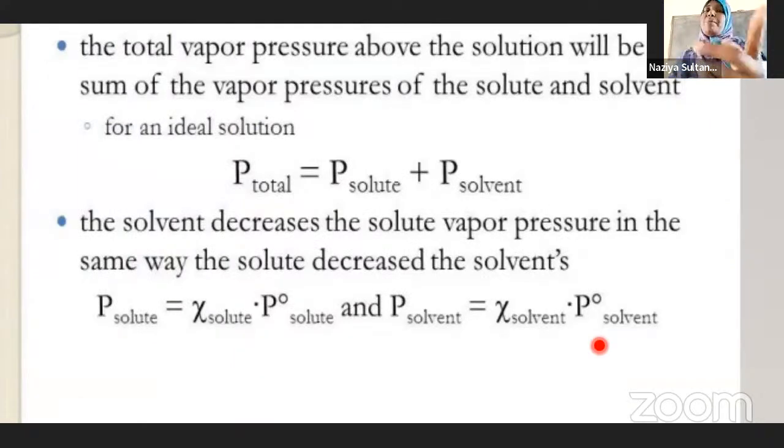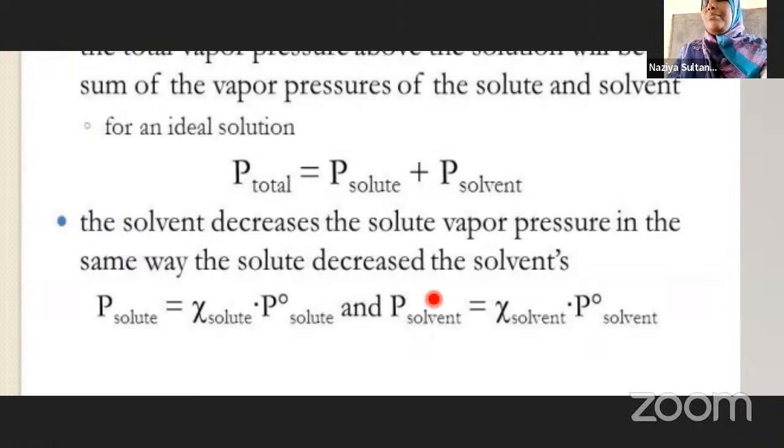So P total is nothing but the pressure of the solute plus the pressure of the solvent. The pressure of the solute is the product of the mole fraction of the solute and the vapor pressure of the pure solute. You can see here, when the substance is made into a solution, right?